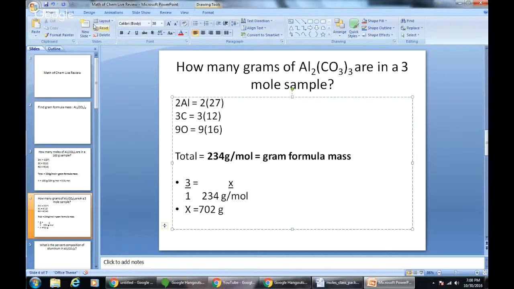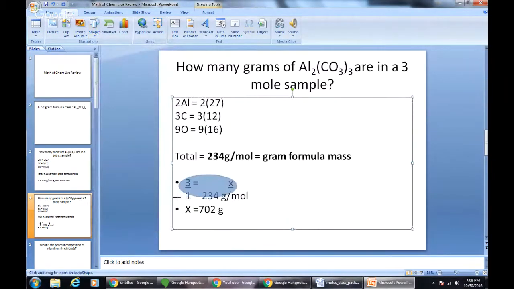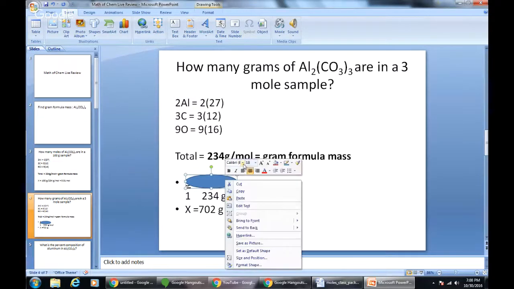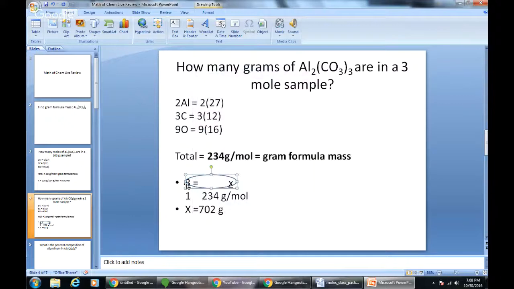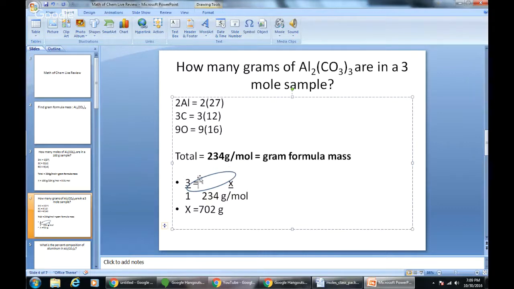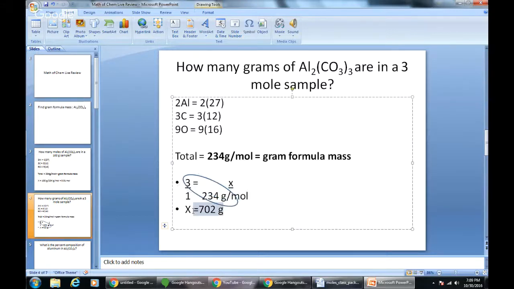And then you're going to cross multiply these two. Okay, so you're going to cross multiply X and 1, and then you're going to cross multiply 3 and 234, and that will give you 702 grams.